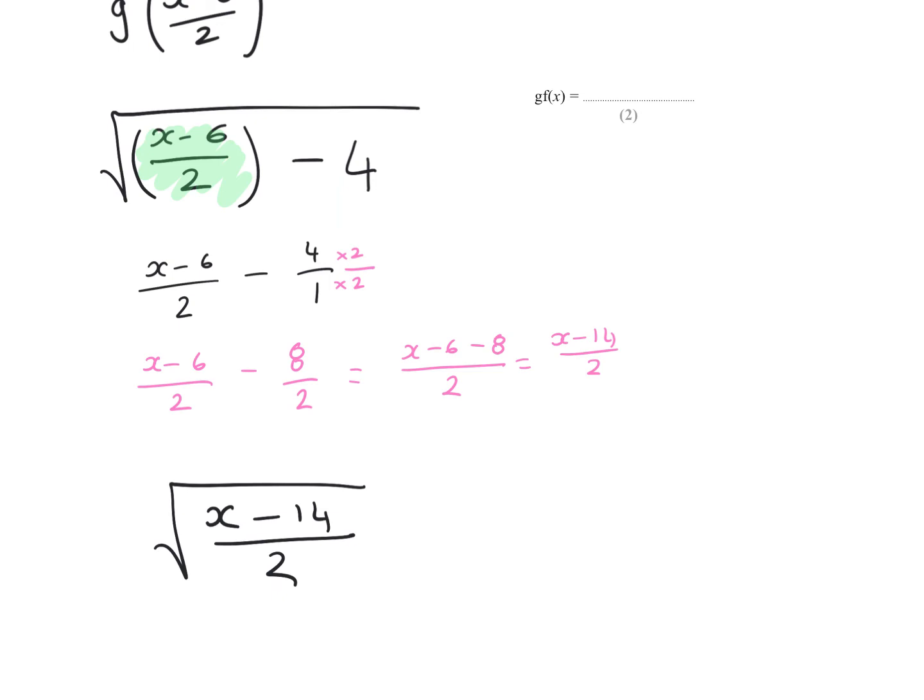And this is the composite function of g of f of x. And that is the final answer, because we can't simplify that anymore. If you wanted to, some people might write this x over 2 minus 7, because 14 over 2 is 7. Yeah? However, you can leave it like this. Either way is correct. Okay?